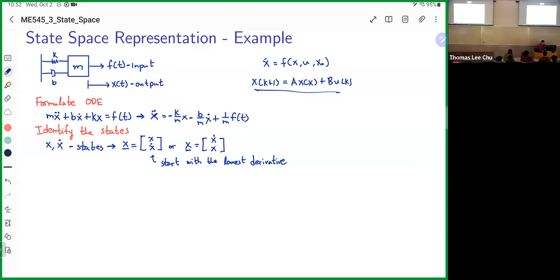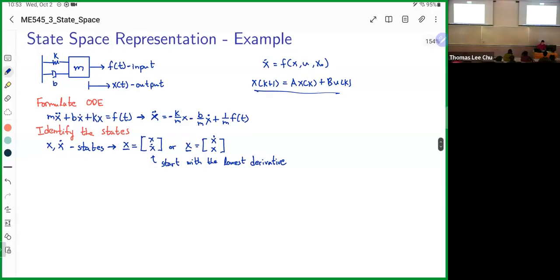I think of it more in discrete steps, where based off of my current step, I know the most likely next step. So it's the same reason why x double dot is dependent on the past states. In this case, we would say x_{k+1} is equal to minus k over m times x_{k-1}.